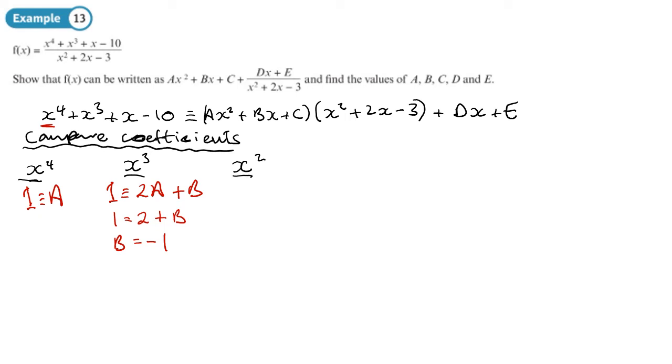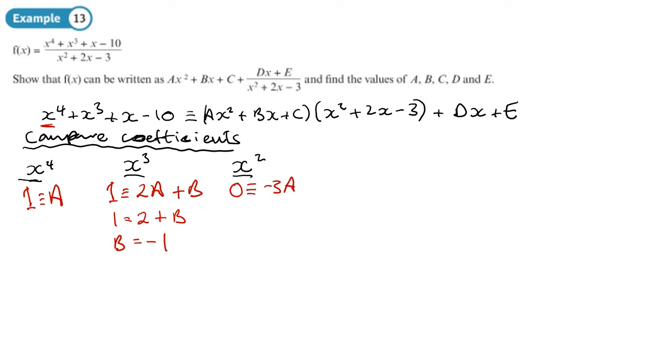So in front of x squared on the left hand side is 0. There's no x squared over there, so it's a 0. And on the right hand side, if I multiplied this out, I would get negative 3ax squared.